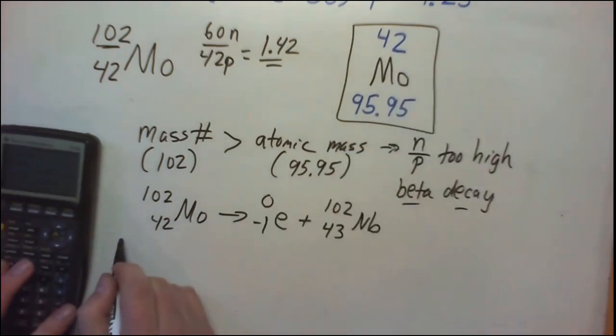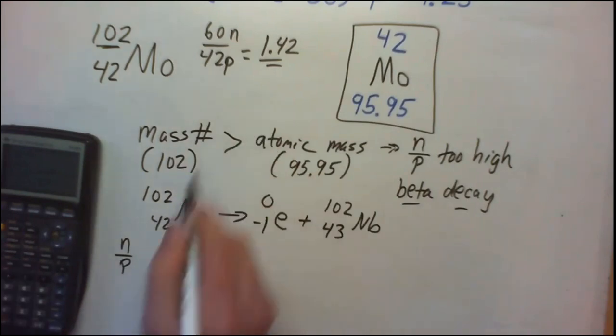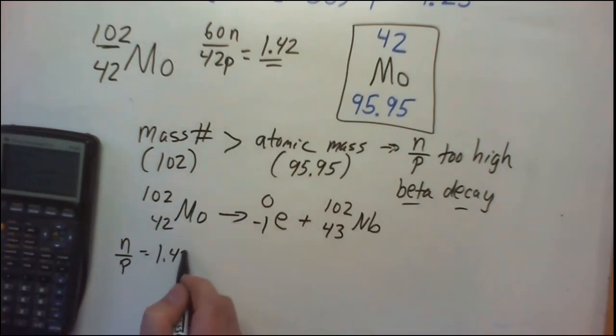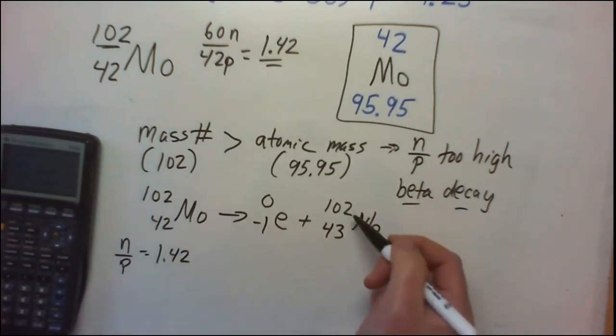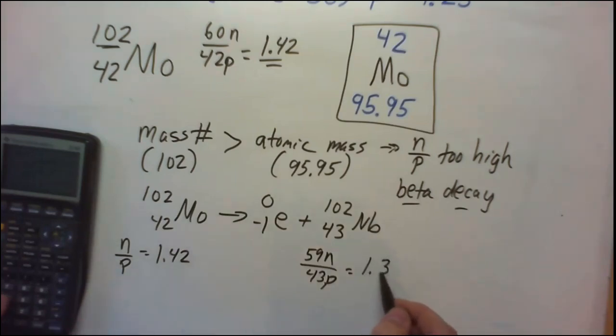So we saw that for molybdenum 102, its ratio was 1.42, too high. For niobium 102, its ratio is going to be 59 neutrons for 43 protons. 59 divided by 43 gives us a ratio of 1.37.